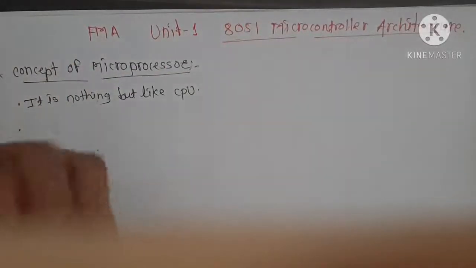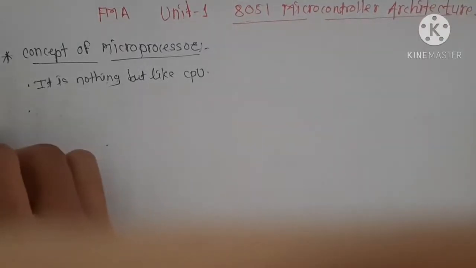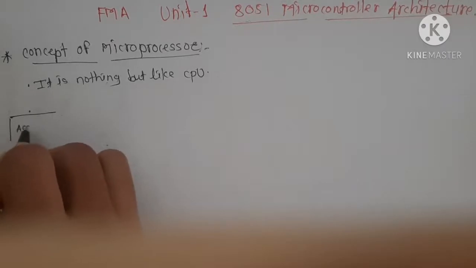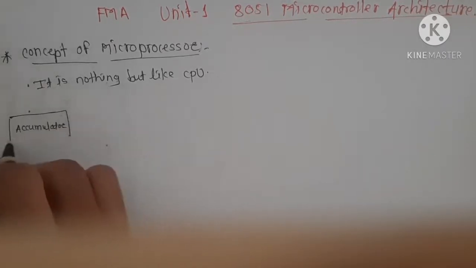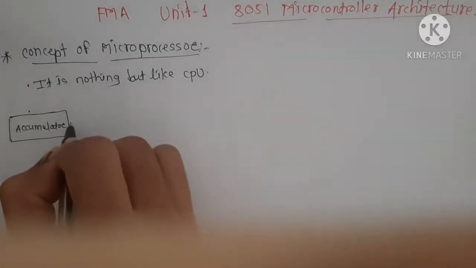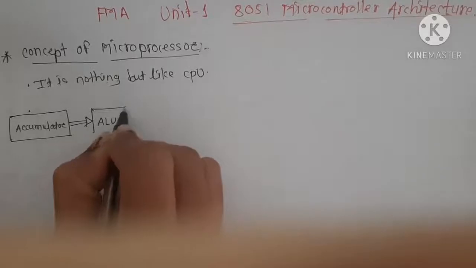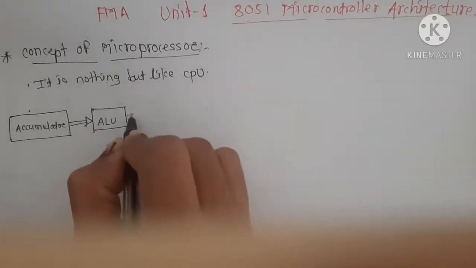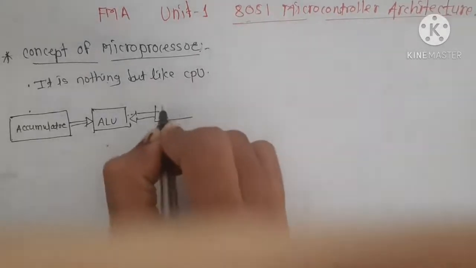So let's see the first block diagram of microprocessor. This is the accumulator. Here it is ALU. Here the working register.